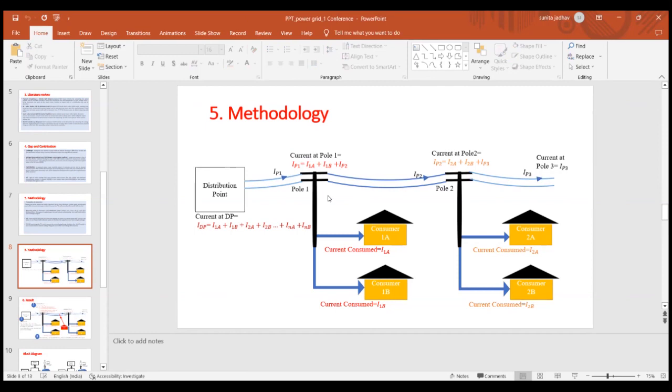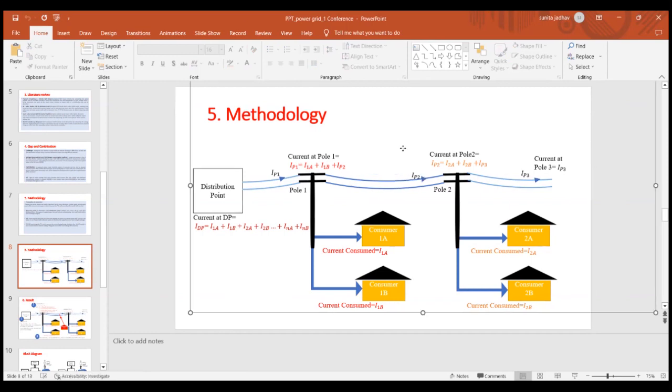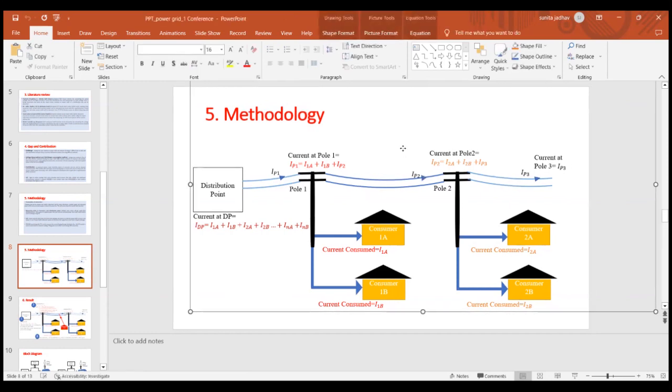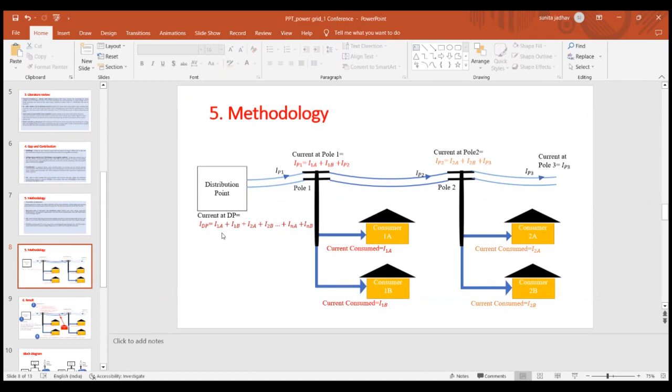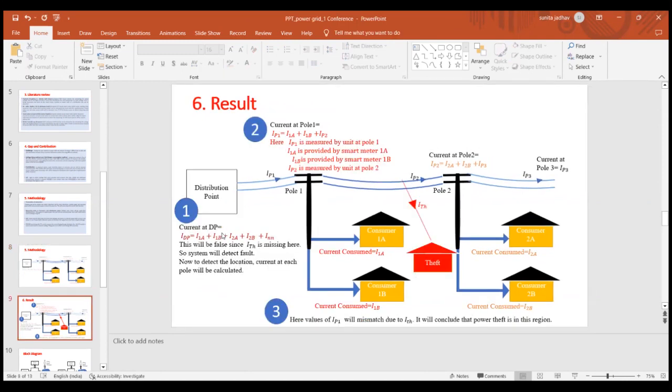When we consider pole 1, the current equation is IP1 equals I1A plus I1B plus IP2. This is the ideal condition equation. Whenever there is no theft, this equation holds. But whenever there is a theft, an additional current ITH flows from the system.